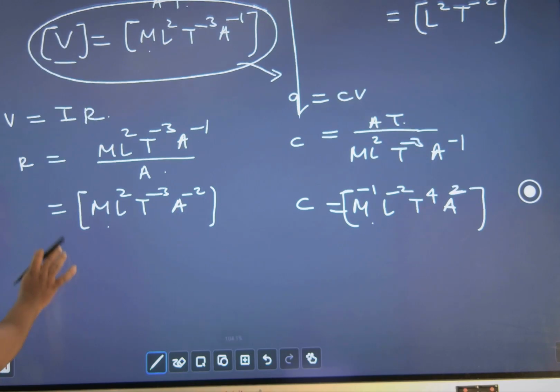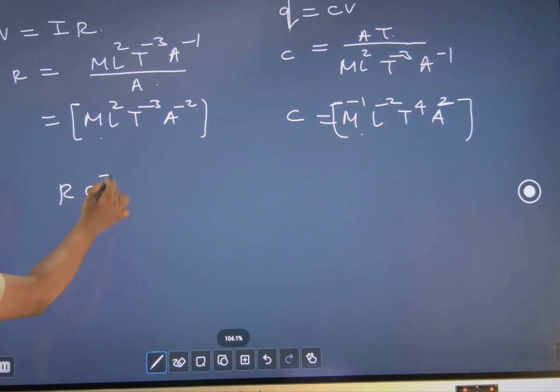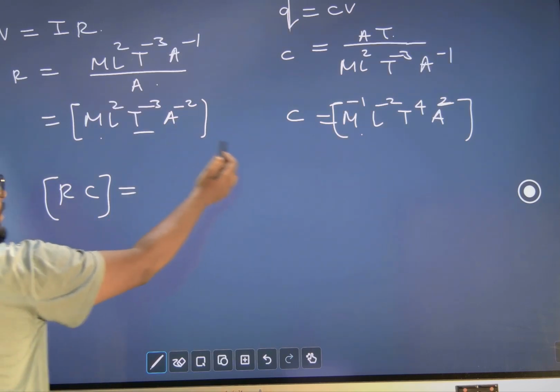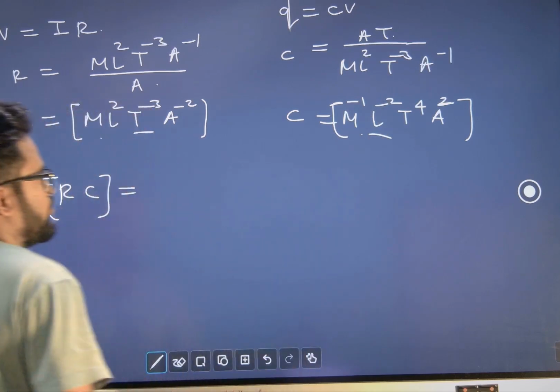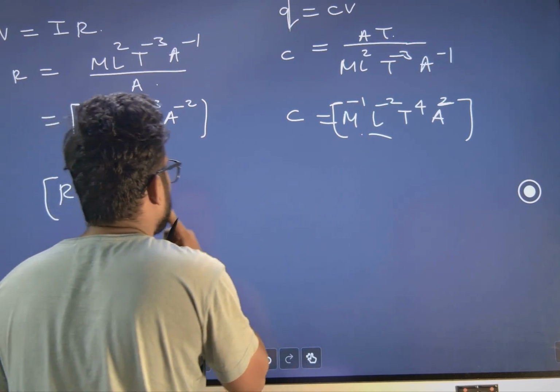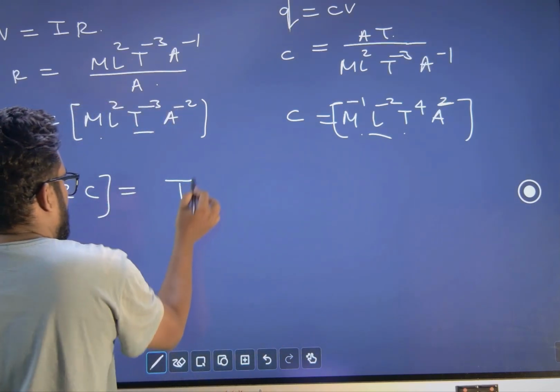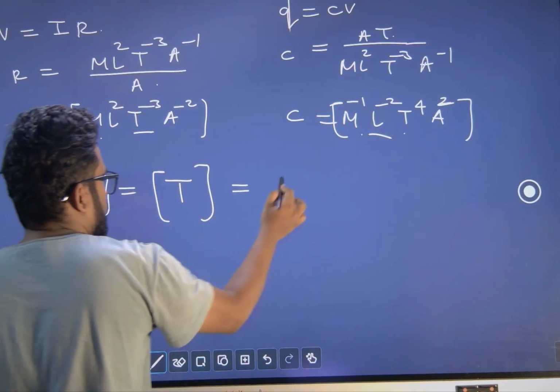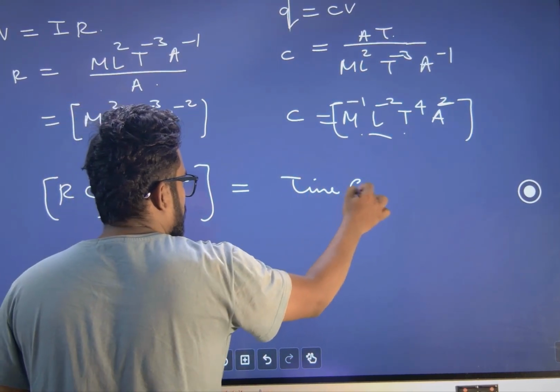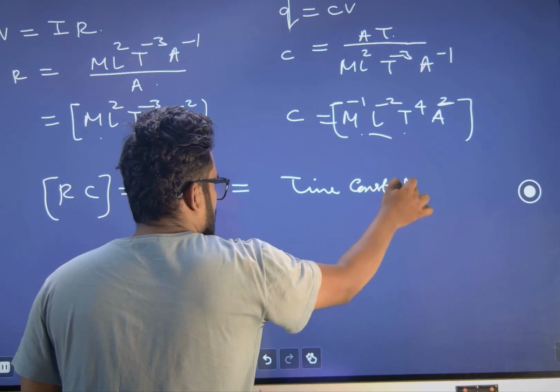If you observe this R and C, so RC would be how much? M^-1L^-2T^4A^2 times ML^2T^-3A^-2, so how much would remain? T. So RC is nothing but time. That's why RC is also called the time constant.